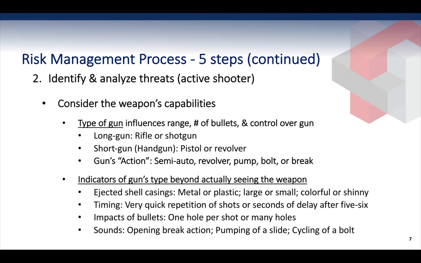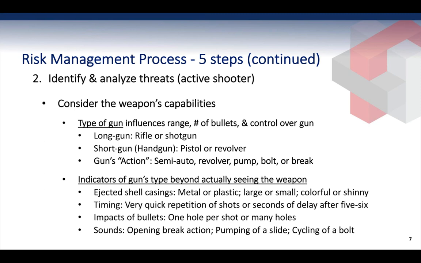weapon? If you hear the ejected shell casings hitting the floor and you're hearing a large metal object or a large plastic object, then chances are the large metal object is a rifle casing, and the large plastic object is a shotgun shell. If you're seeing shiny objects, those are typically metal, and that would indicate a rifle or handgun.